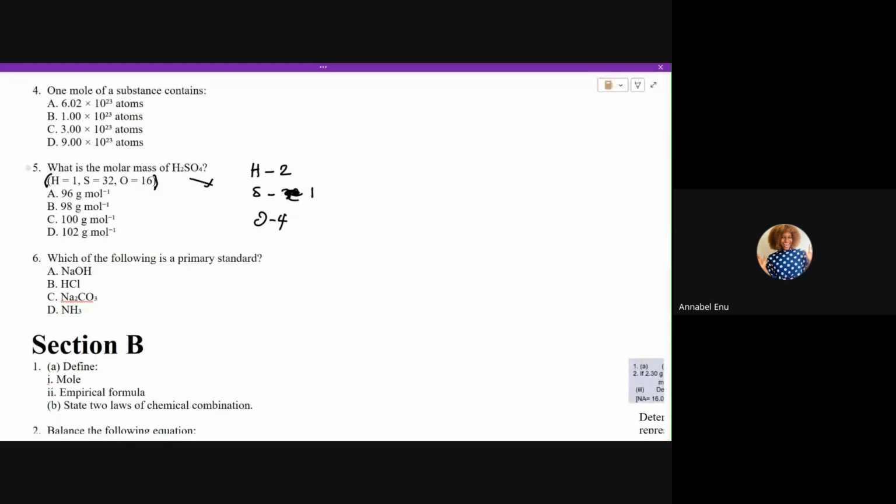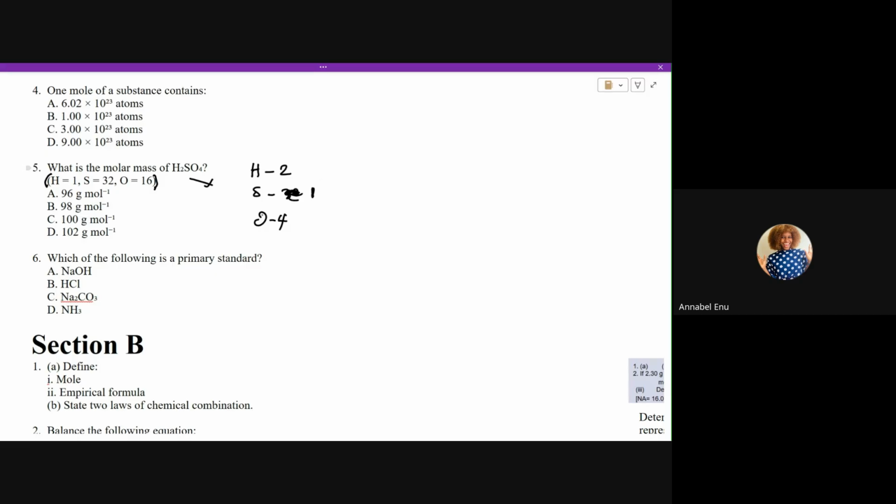If the molar mass of hydrogen is 1, then since we have 2 hydrogens, the molar mass of hydrogen in the whole compound is 2. If the molar mass of oxygen is 16 and we have 4 oxygens, the 16 will be multiplied by the number of oxygens.